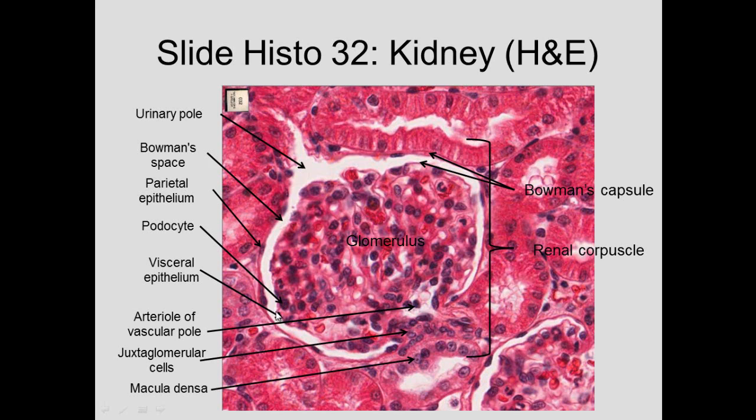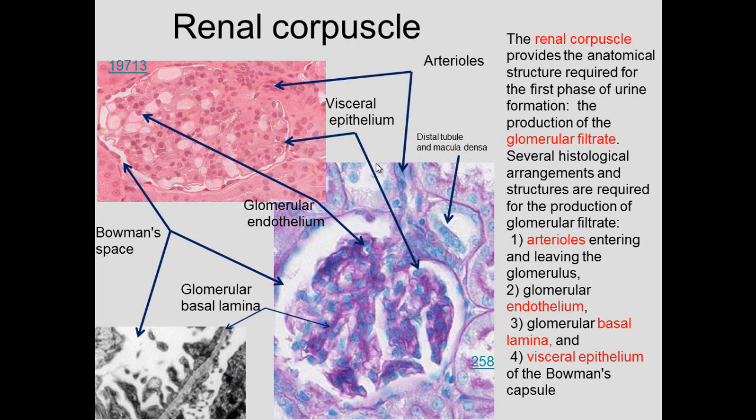And then we have visceral epithelium, which are really the podocytes that we talked about before, that also touch Bowman's space. Then we have an afferent arteriole, juxtaglomerular cells in through here. Macula densa is part of a distal tubule, and this together is a renal corpuscle, and then Bowman's capsule is where we have the space there.